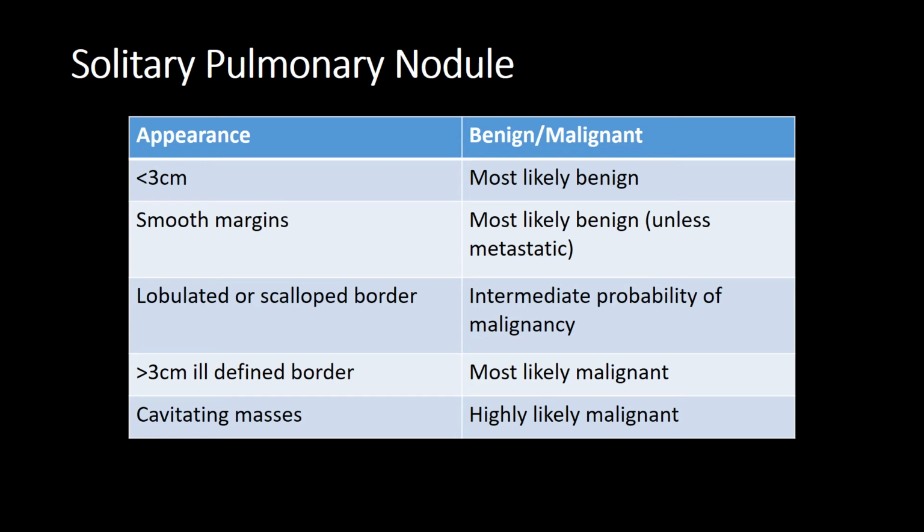If you have a lobulated or scalloped border, then you have an intermediate probability of malignancy. Solitary pulmonary nodules that are greater than 3 centimetres with an ill-defined border are most likely malignant. And those with cavitating masses are highly likely to be malignant.